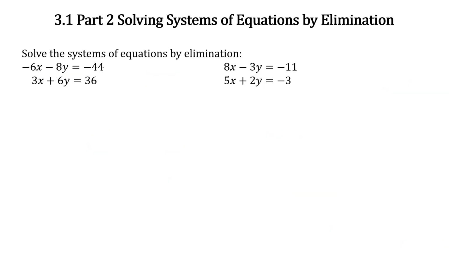Okay. But now it gets a little hairier. Here I don't have anything that I can just change the sign of, and there's nothing I can multiply 6 by to get 8. But if I multiply 3 by 2, I'm going to get +6, which will cancel out my x's. So I'm going to multiply the entire bottom one by 2.